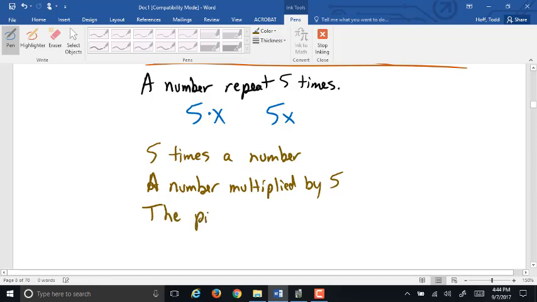Sticking with the spirit of the last two, the product of a number and 5, or if we said 5 and a number, it doesn't make a difference. But again, product is the result of a multiplication problem.